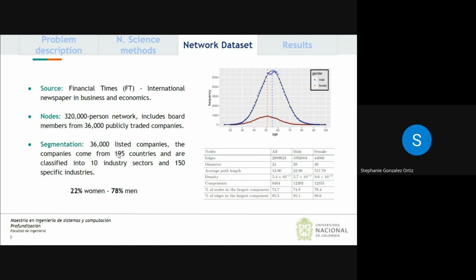This information comes from the website of the Financial Times, an international business and economics newspaper. These companies are classified into 10 industry sectors and 120 specific industries. And in these boards, only 22% are women, which evidences female underrepresentation on boards of directors.